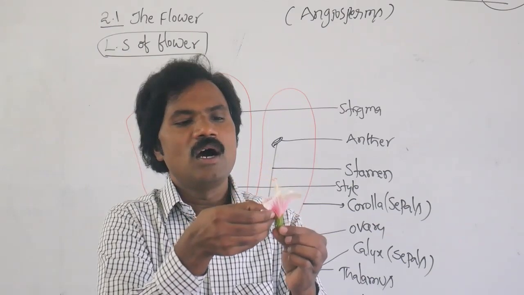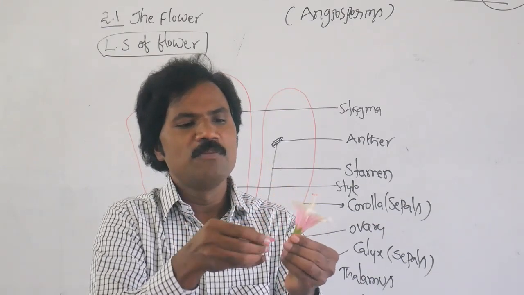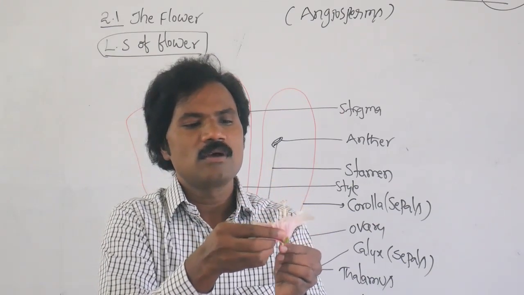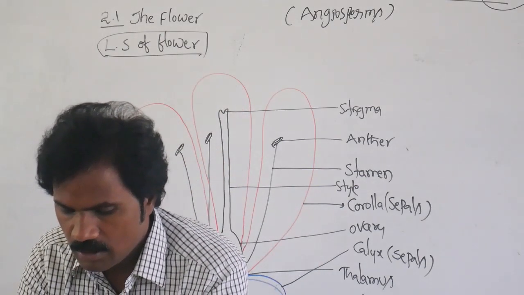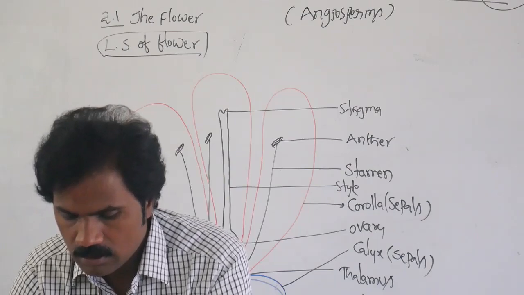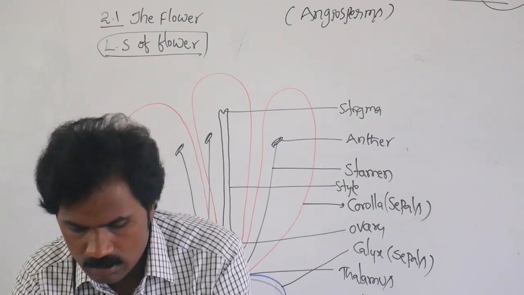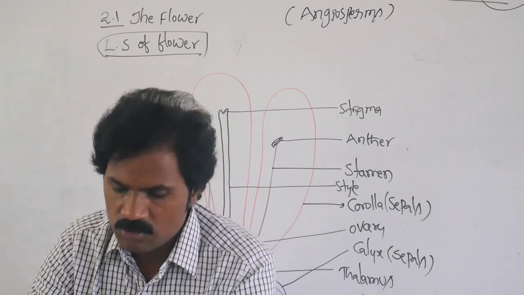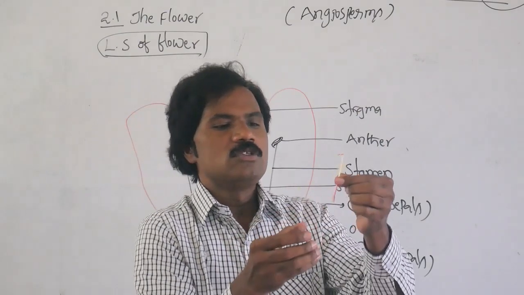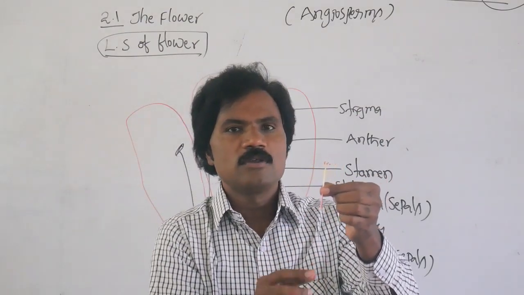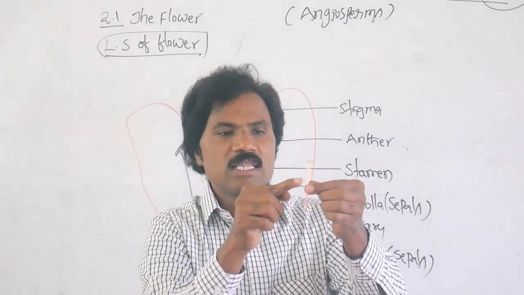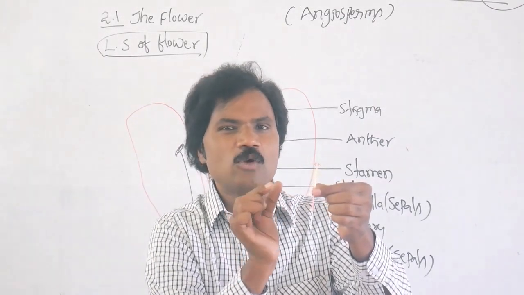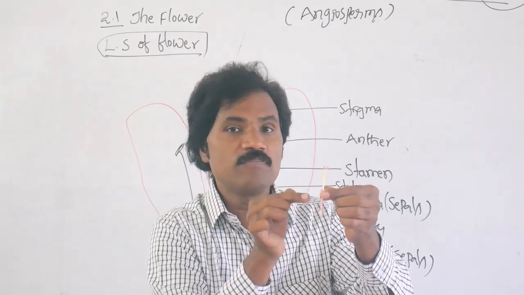After removing these petals, this specific part is the stamen. All the filaments get together, because it is China rose.